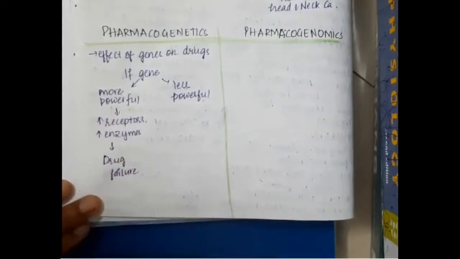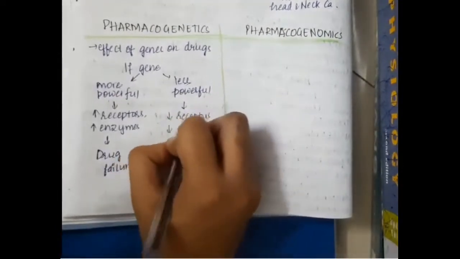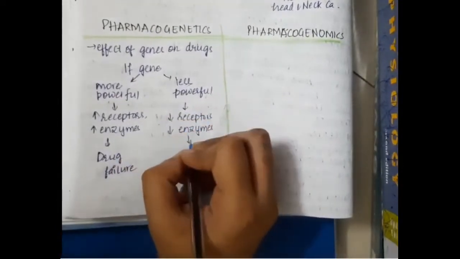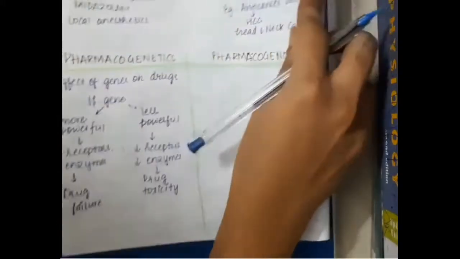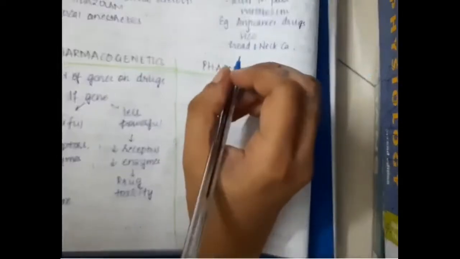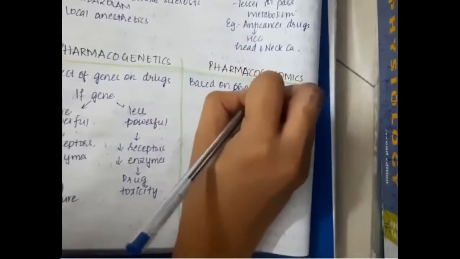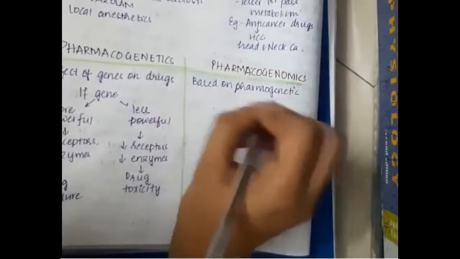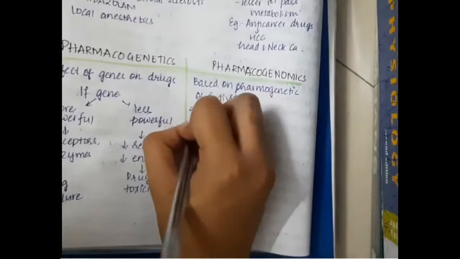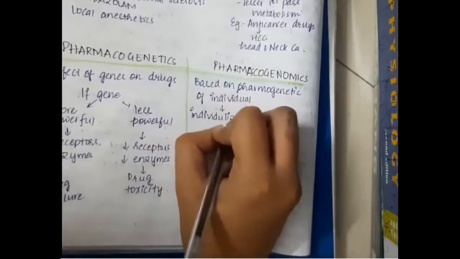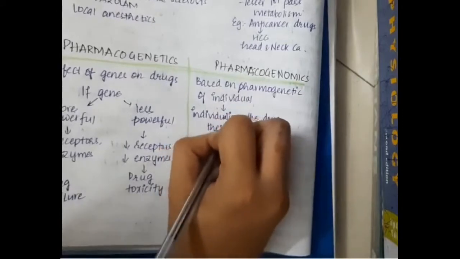If the gene is less powerful, it has fewer receptors and fewer enzymes. That means the drug is not metabolized properly, so it causes drug toxicity. Pharmacogenomics is based on the individual's pharmacogenetic composition, so we have to individualize drug therapy.